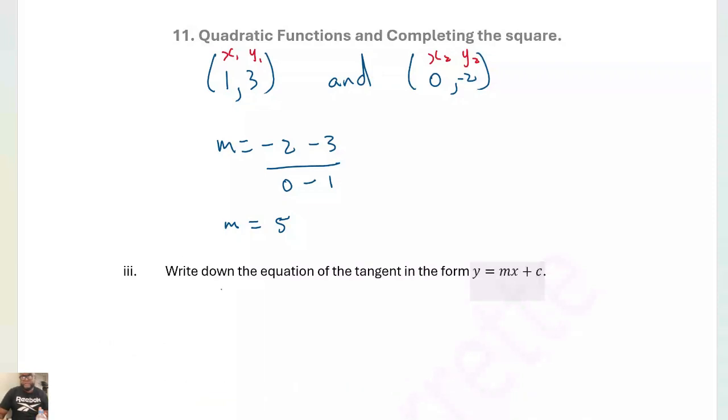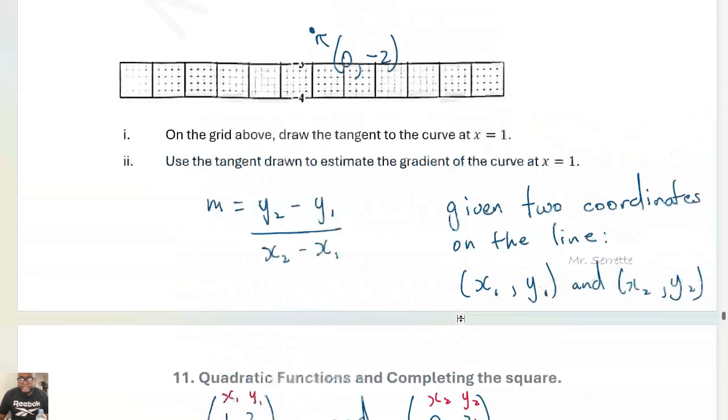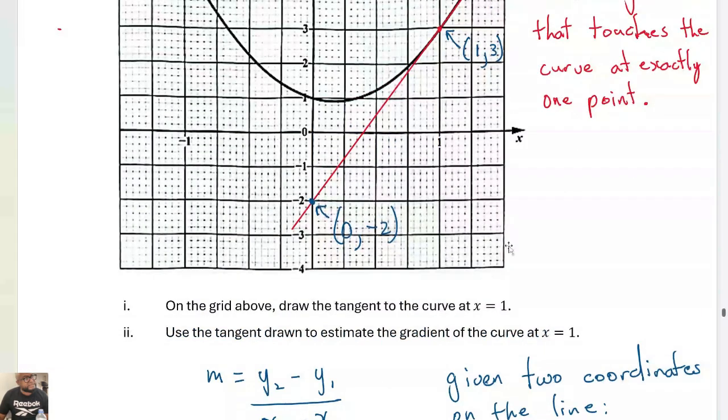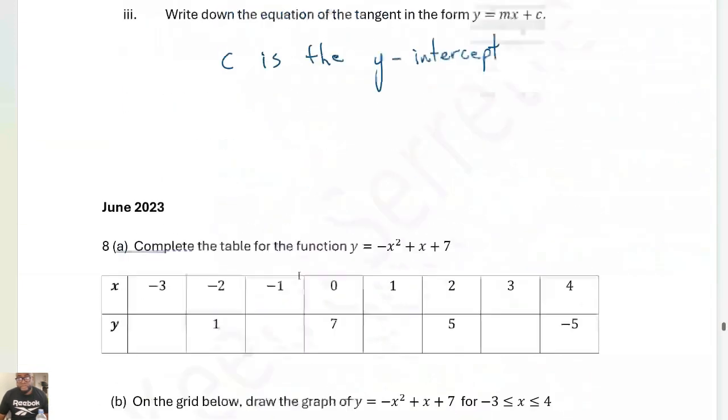Write down the equation of the tangent in the form y equals mx plus c, right? So we actually have c. What is c again? c is the same thing here. This is the quadratic. c is the y-intercept. Where is this line cutting the y-axis? At -2.